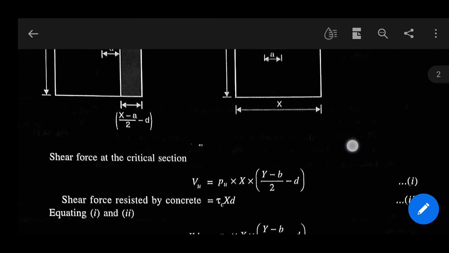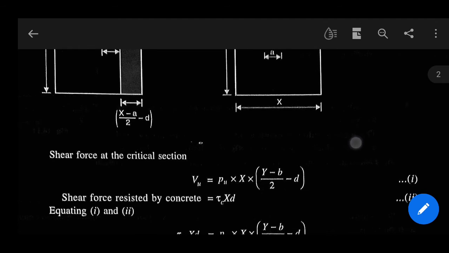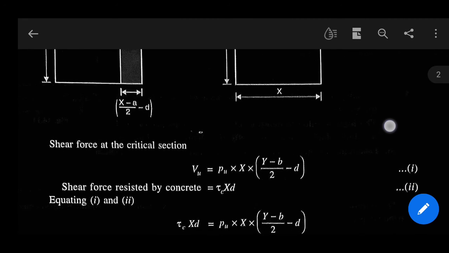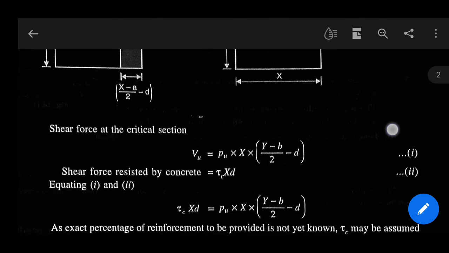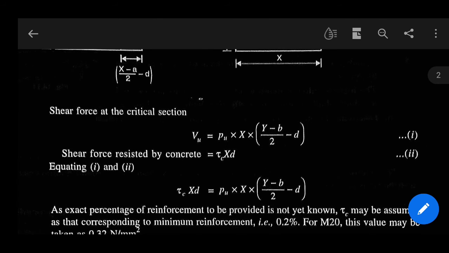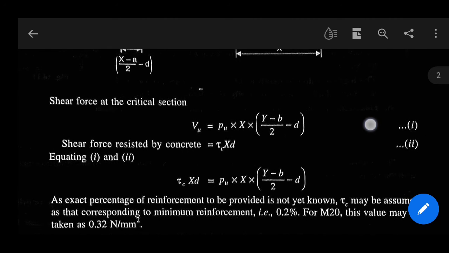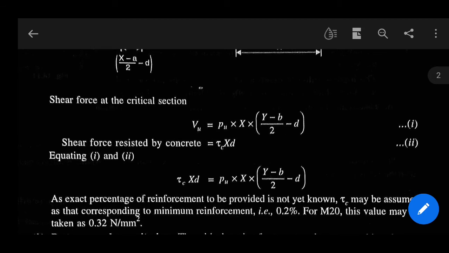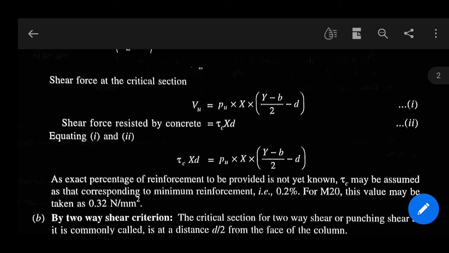And shear force resisted by concrete is tau c x d. So from equation 1 and 2 we will get this kind of equation, that is, tau c x d is equal to Pu into X into (Y minus b by 2 minus d). From this equation we have to calculate d. But as the exact percentage of reinforcement to be provided is not yet known, tau c may be assumed as that corresponding to the minimum reinforcement.